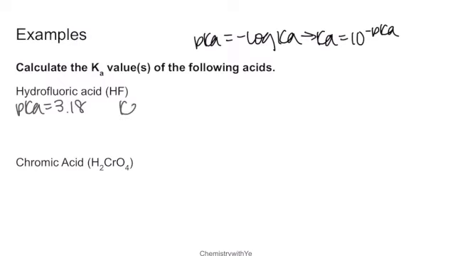So the Ka value would be 10 to the negative 3.18, which is 6.6 times 10 to the power of negative 4.